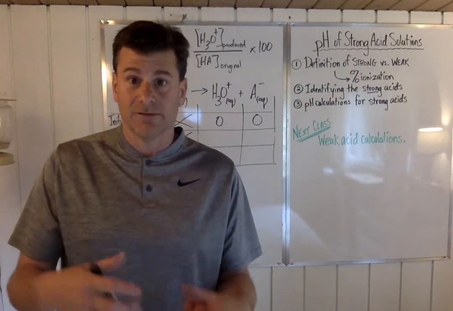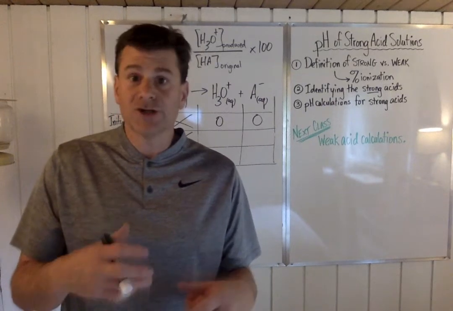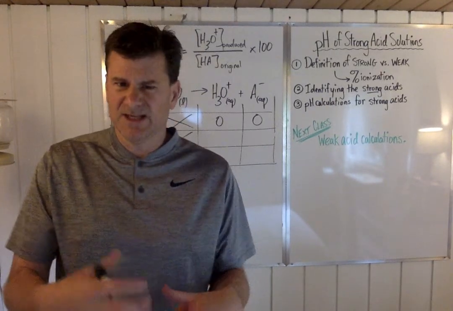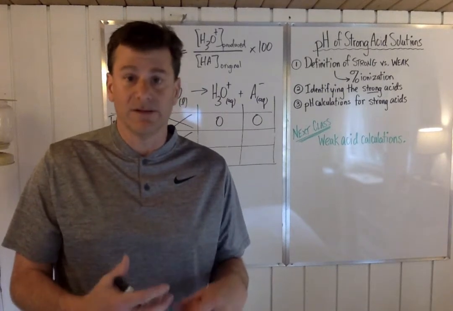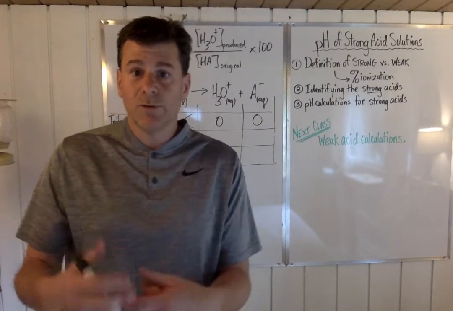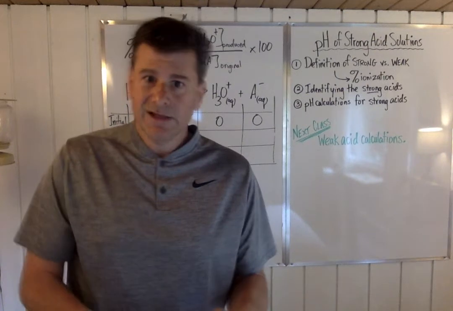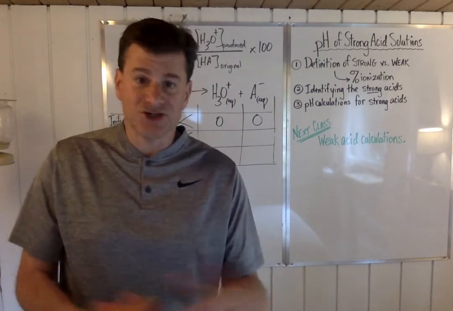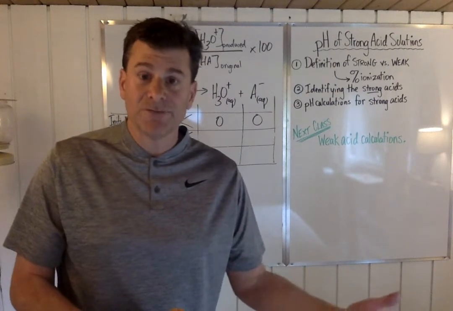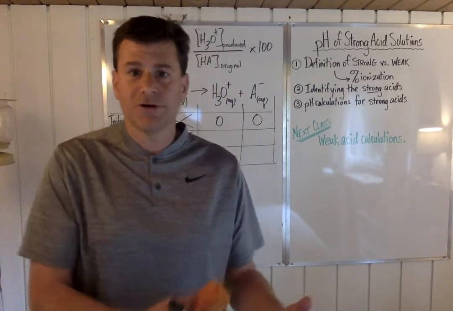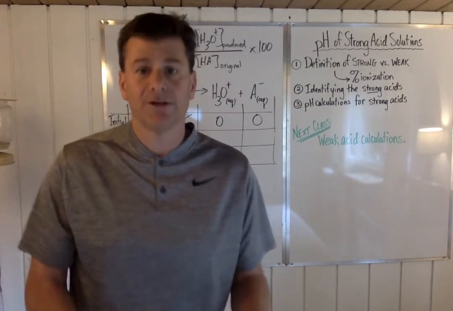They like each other. They're not super polar. The H is really stuck onto that A, whatever that A is, and the A doesn't want to give up the H. Well, when it bumps into a water molecule, it's not necessarily going to transfer the H just because it bumped into it. It's going to be harder to transfer that H, and because it's harder, not as many molecules are going to do it.